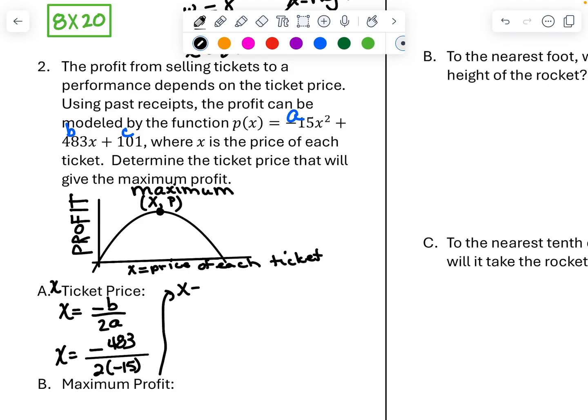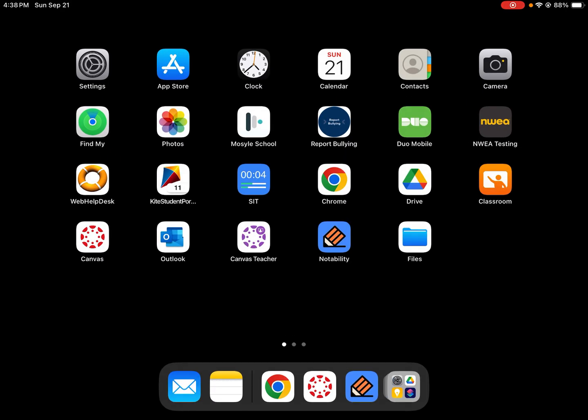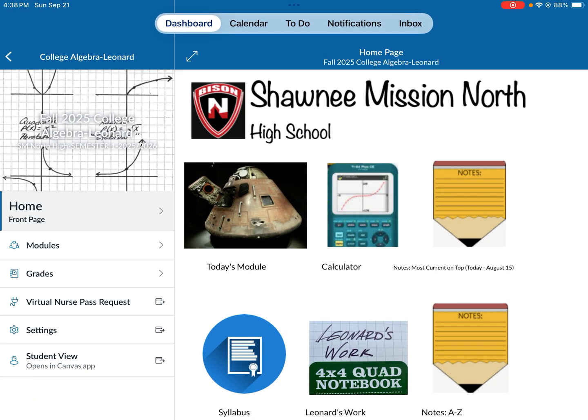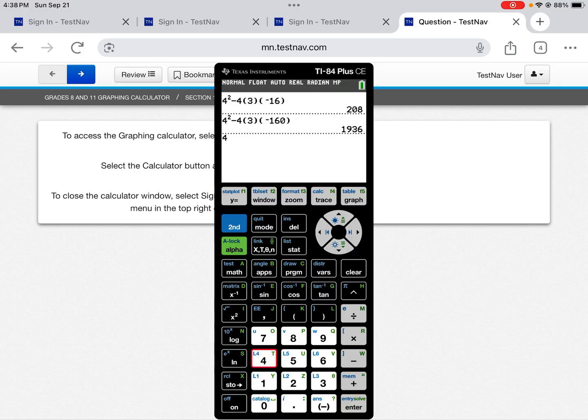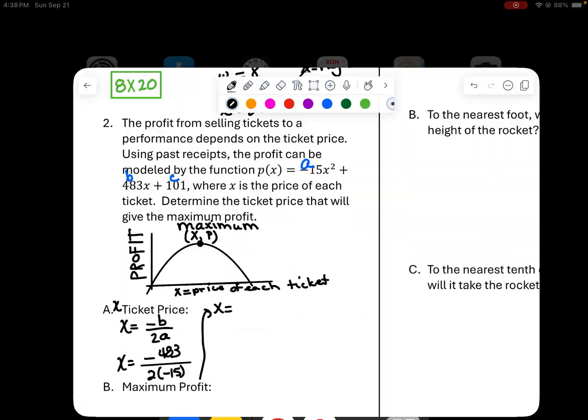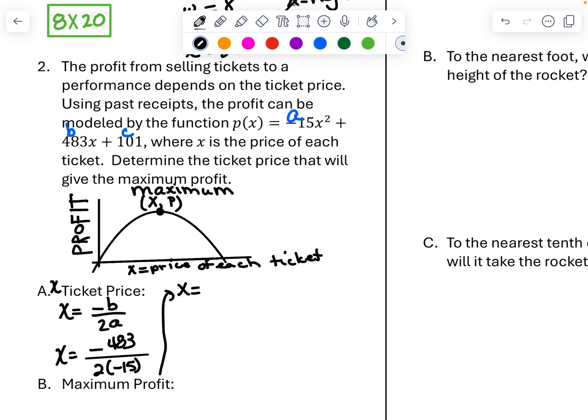That's going to get us x is equal to 483 divided by 30. How is my math? 483 divided by 30 is, dun dun dun, 16.10. So x equals $16.10.